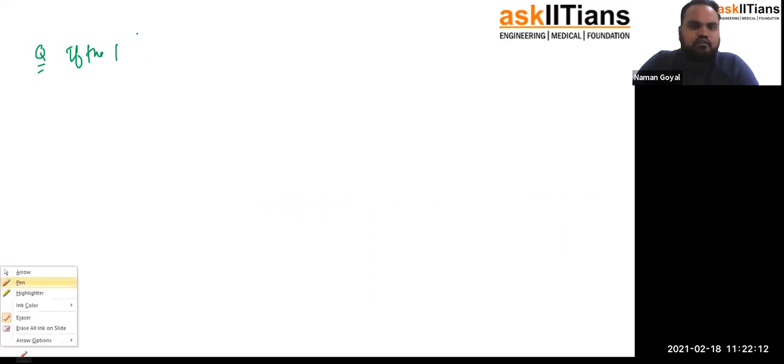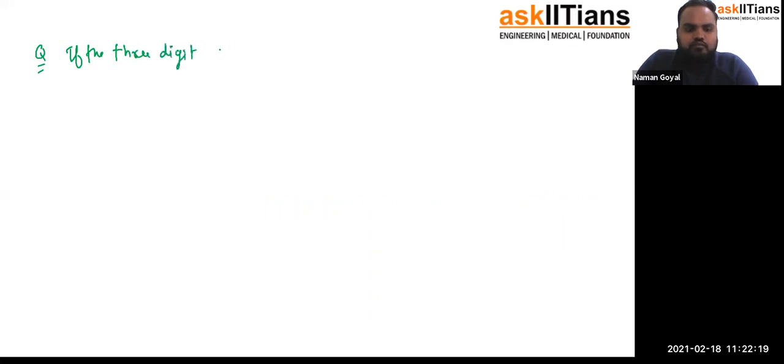Okay. Now we are going to do a question. Write down. If the 3-digit number is 24x, it is not 24 into x, it is 24x, right?